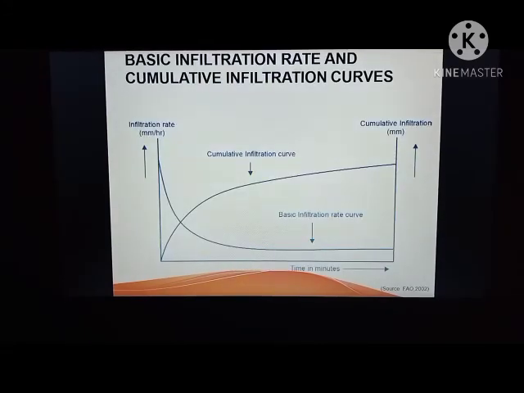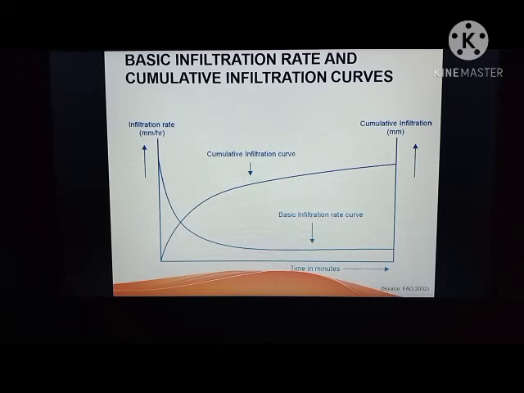And this is the diagram. As you can see, as the time increases, the infiltration rate goes down, because the water begins to infiltrate the soil as time goes by.